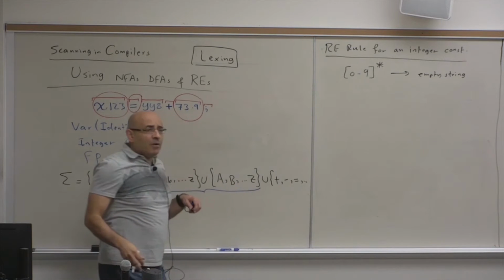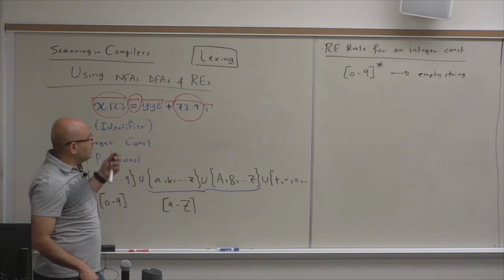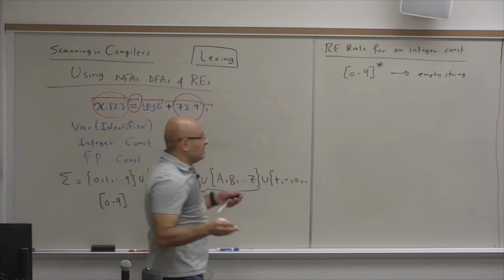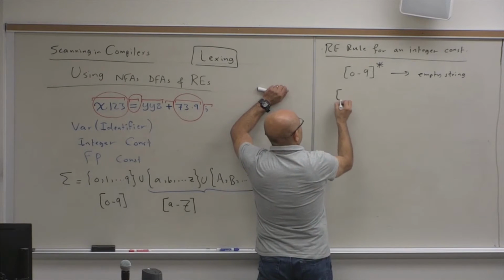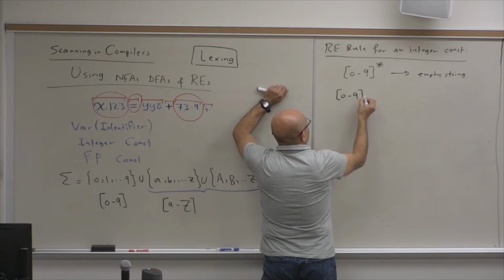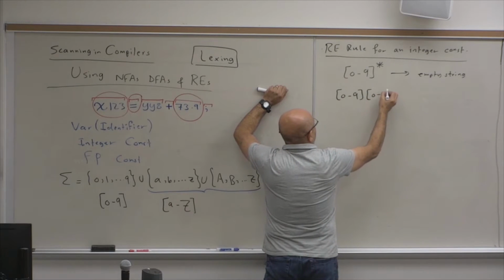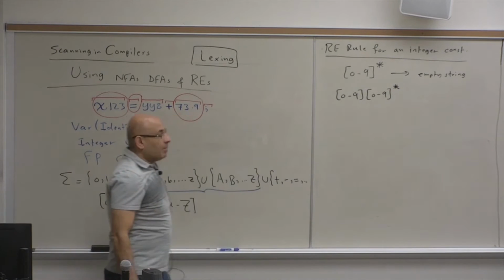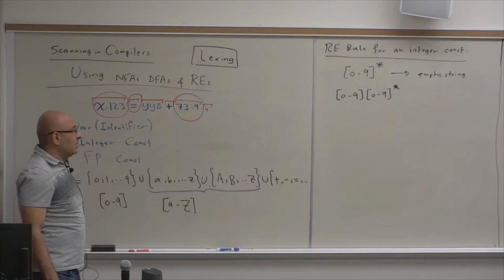So in order to avoid the empty string, we will force it to have at least one digit in it. So we can do something like 0-9 star. By the way, there is another way of writing 0-9 star.